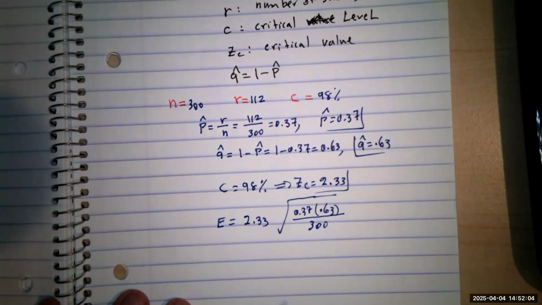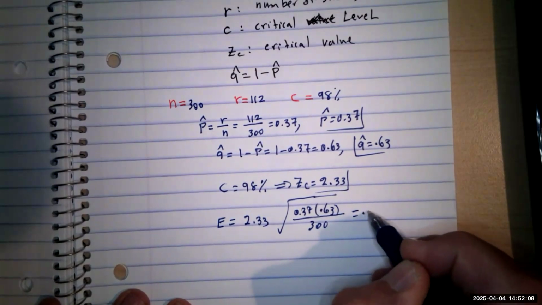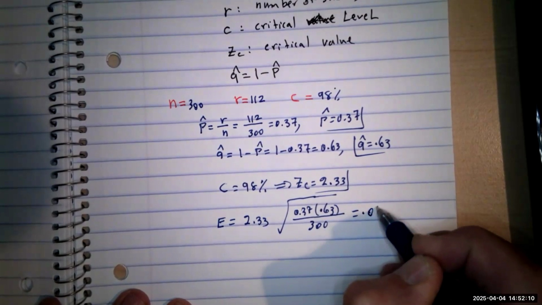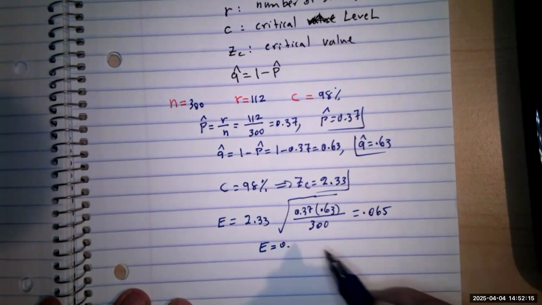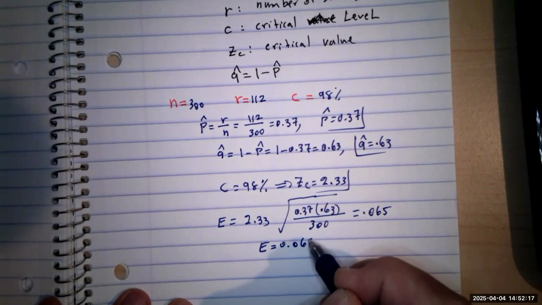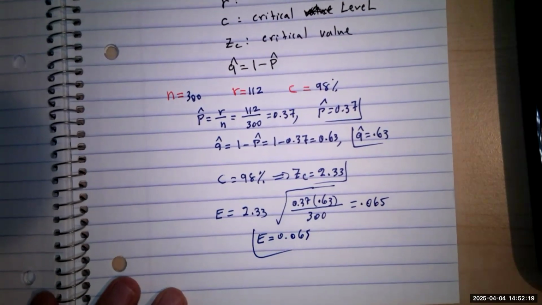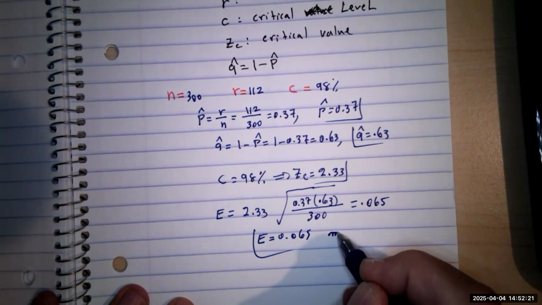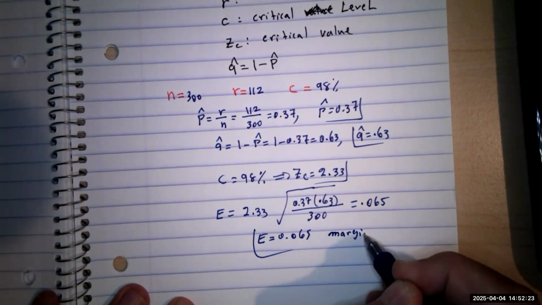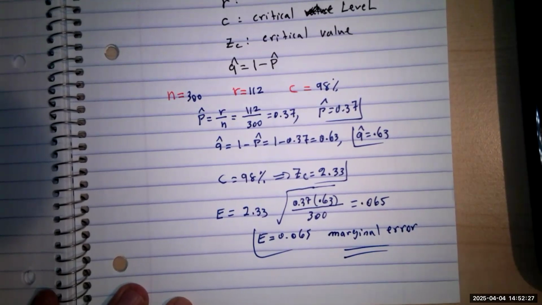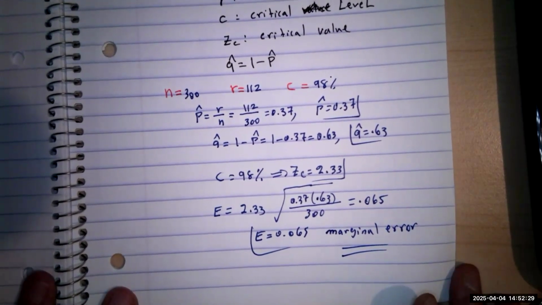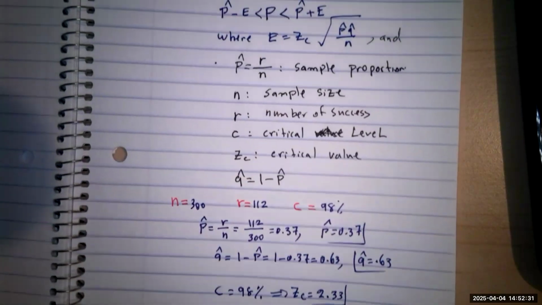Then use your calculator to simplify this number. So the number would be 0.065. So the marginal error is going to be 0.065. Any estimation would have an error. This is going to be your error. That's it. We are ready to give you the interval.